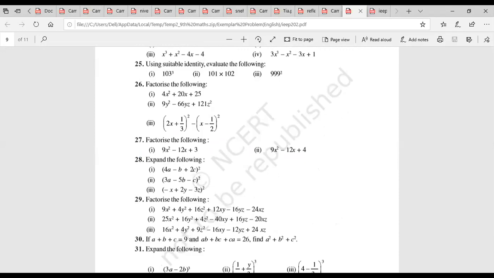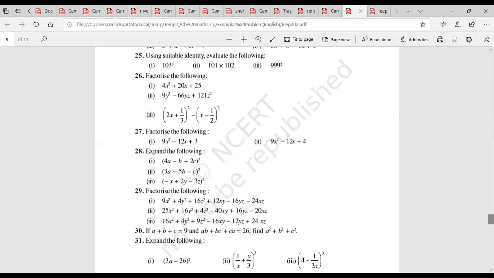Then start solving from 26 onwards. Today you have to finish this. Switch on your videos.